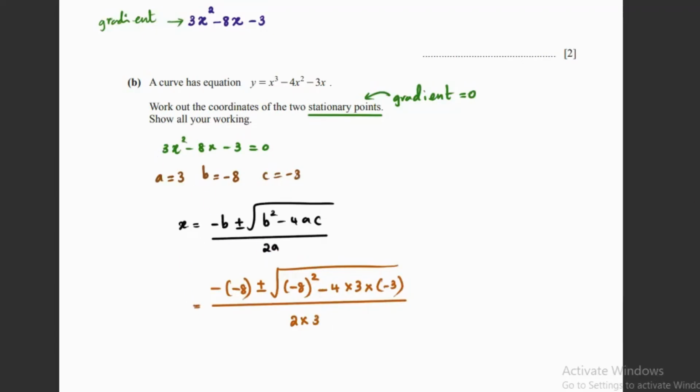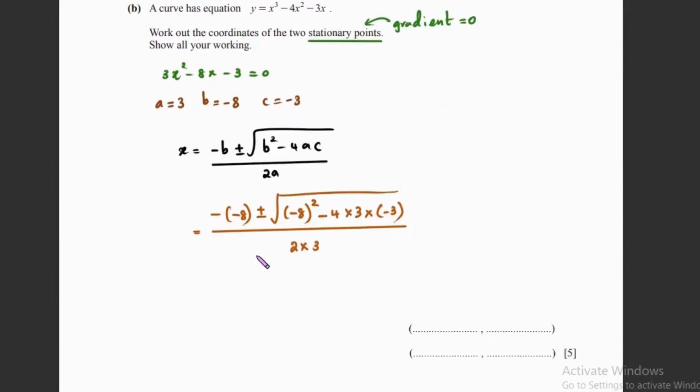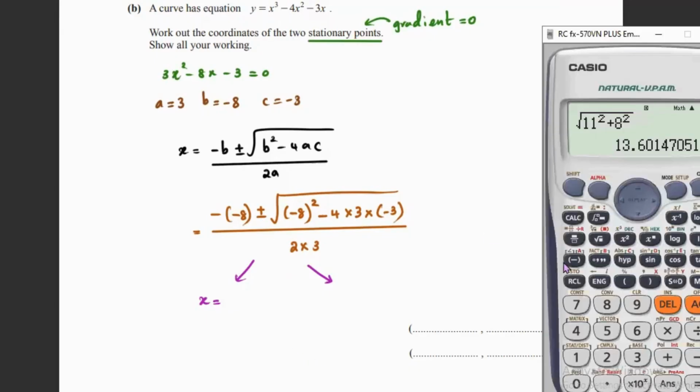So I'm going to put this in the calculator. And this time I need to make sure I get 2 values for x. That is because of this plus or minus sign. So I'm going to first put it with the plus sign and see what I end up getting. So I have minus 8, then the plus square root, and then within the brackets, I'm going to write -8 squared minus 4 times 3 times -3.